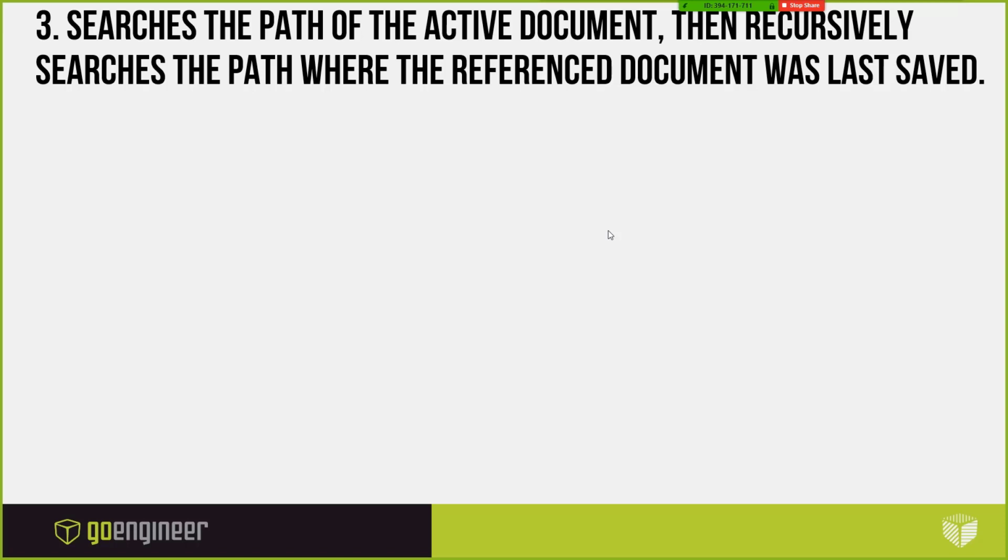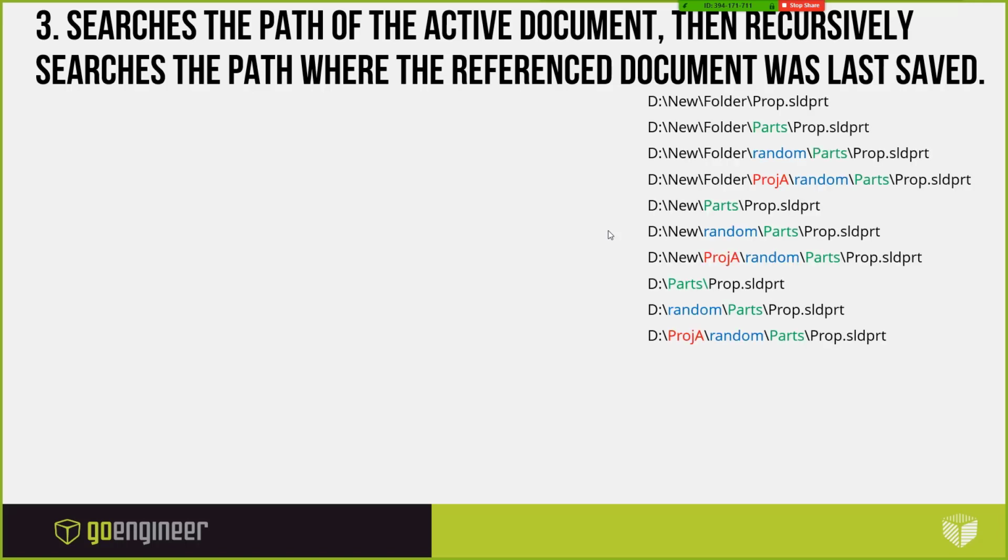What this means is SOLIDWORKS actually has about 10 or more locations that it ends up searching for that file that it cannot find right away. Now, the amount of locations is going to depend on your folder structure.